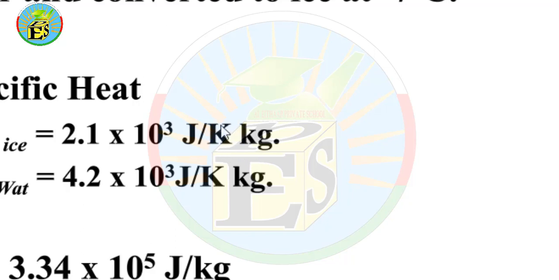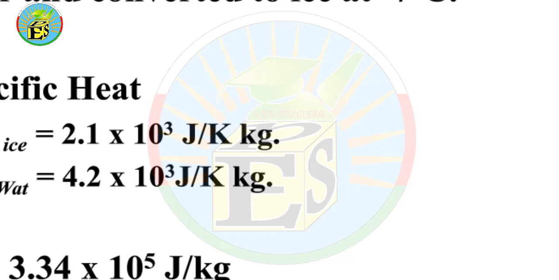We notice that we use Kelvin here, not Celsius, so we must make a transformation from Celsius to Kelvin. And C, the specific heat for water, equals 4.2 multiplied by 10 to the power 3 joule per Kelvin kilogram.